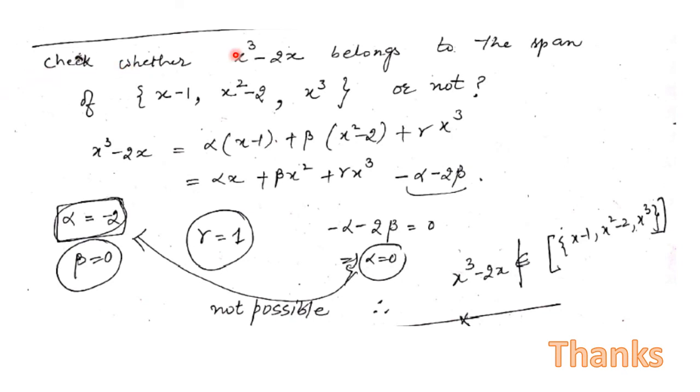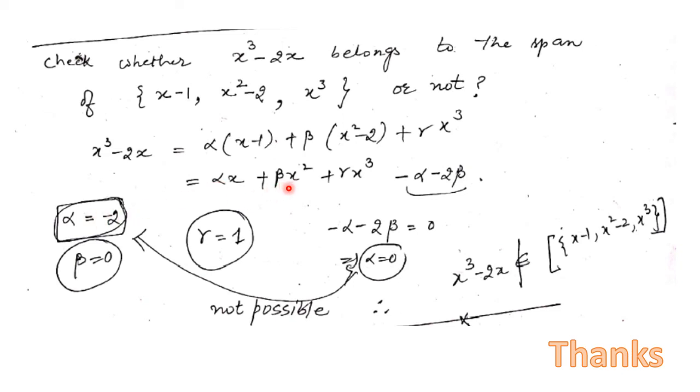Check whether x cube minus 2x belongs to the span of this set or not. Again, you have to write this as a linear combination of this. So you write alpha times this plus beta times this plus gamma times this. Now open this, separate the terms degree wise. Okay, now compare both sides. The coefficient of x is minus 2, so you get the value of alpha is minus 2.